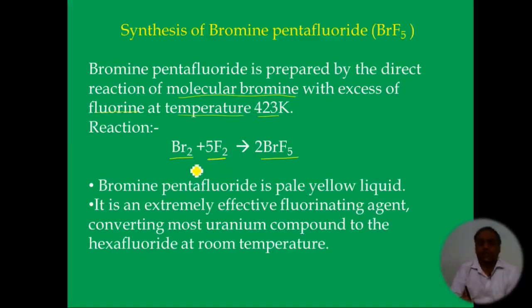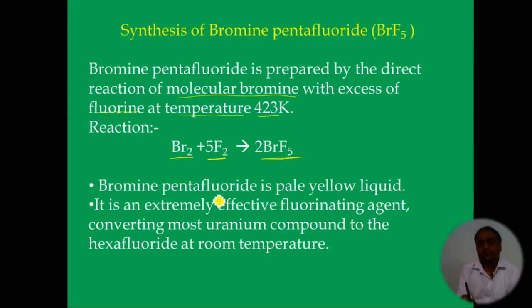So bromine reacted with excess fluorine gives bromine pentafluoride. It will not go to bromine heptafluoride because it is not possible for bromine to accommodate 7 fluorine atoms. So the reaction will only give you bromine pentafluoride.